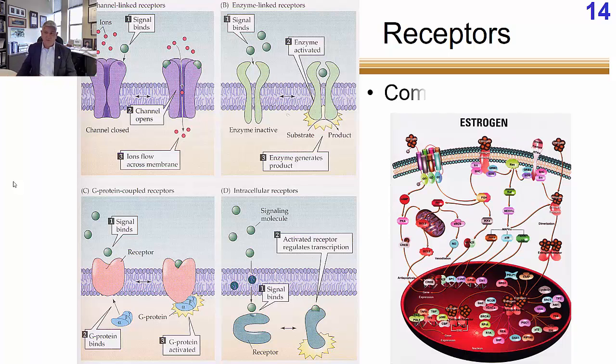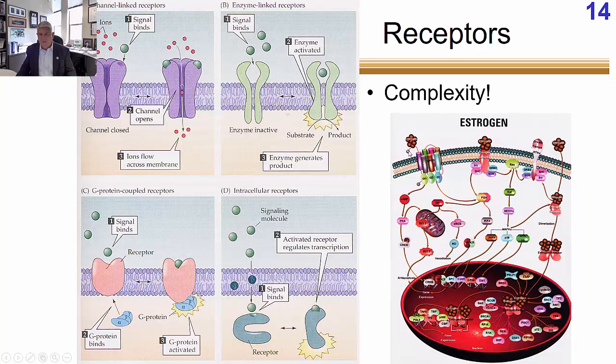So take estrogen, for example. I mentioned it can enter through the lipid membrane and it has intracellular binding sites. However, it also has G protein coupled binding. It can also act on metabotropic receptors, and so here's a metabotropic receptor, and it can have enzymatic binding. So here we see that 7-TM, where there's 7 membranes through.